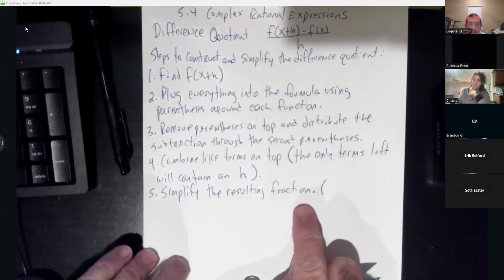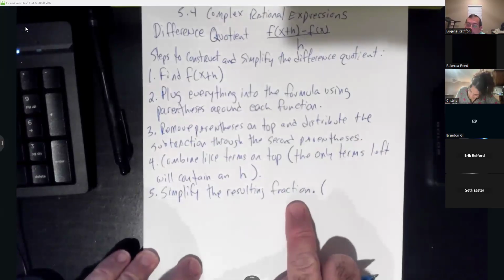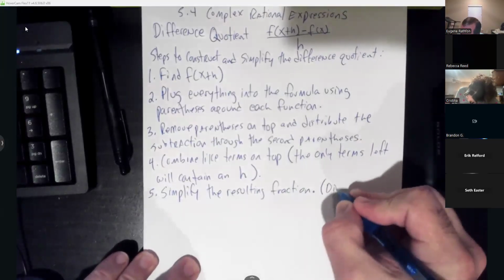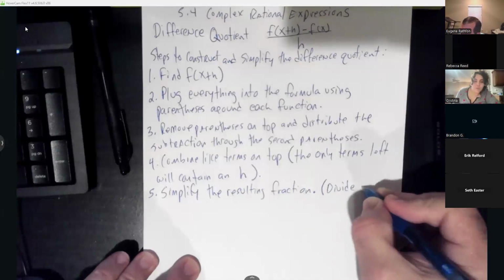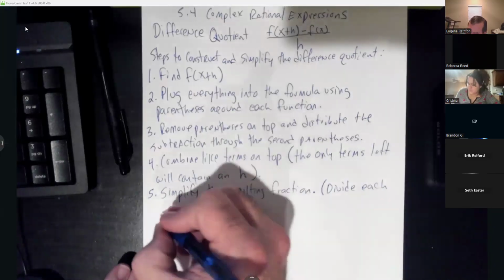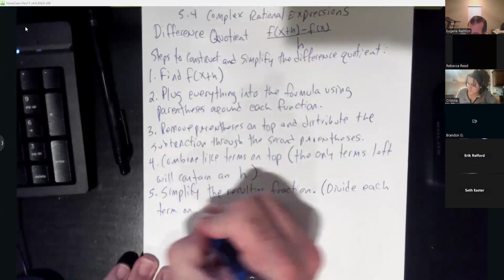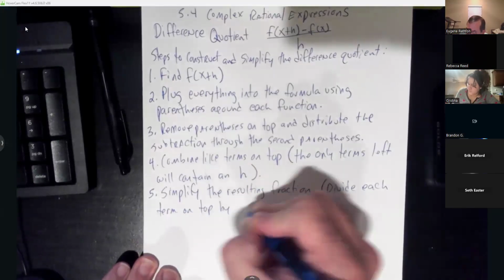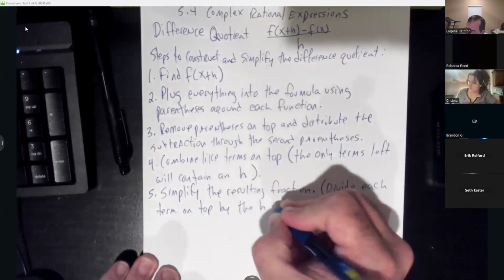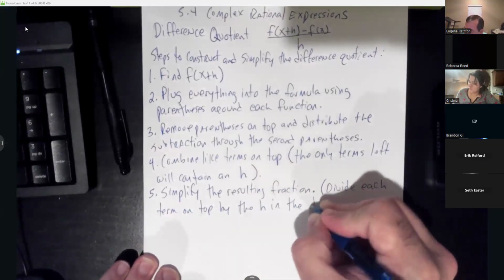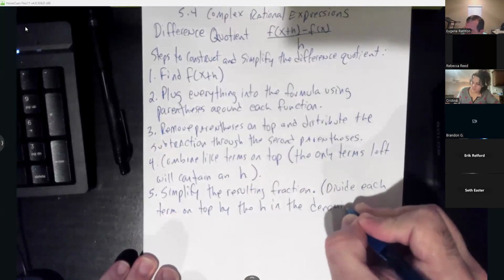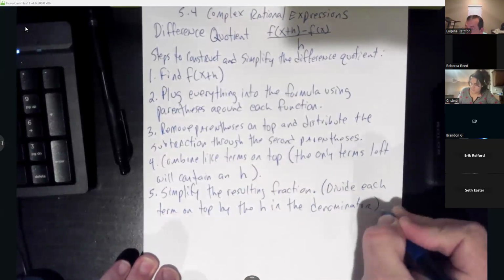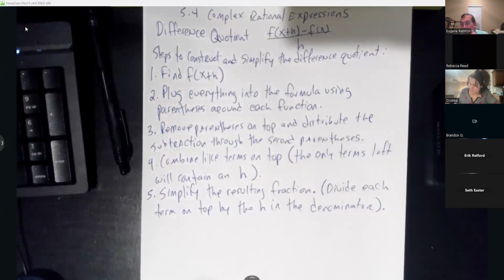And basically to simplify the fraction, we're going to divide each term on top by the h in the denominator. So if you got one term, you're just canceling one h and being done.